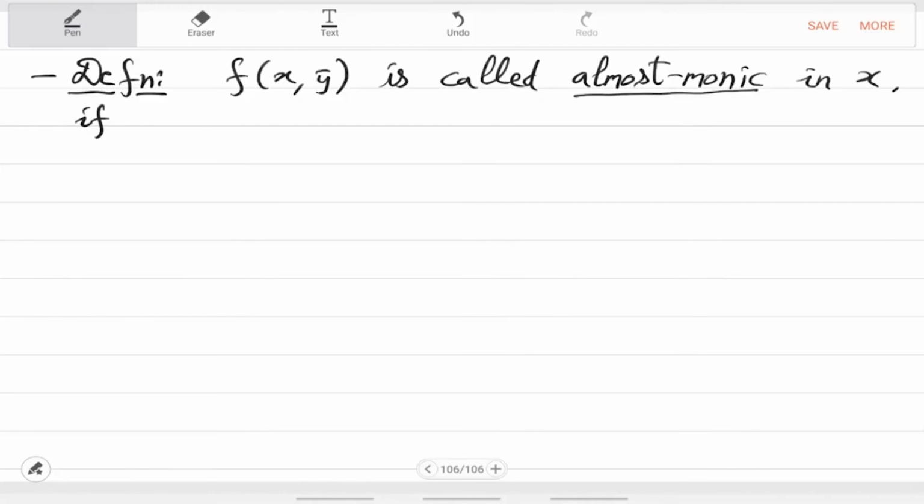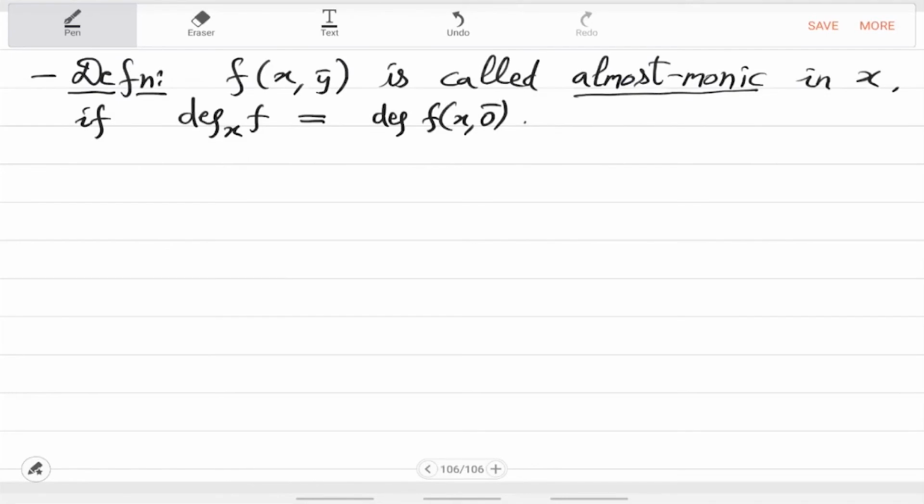We call f almost monic if the individual degree of f in x remains unchanged around the point 0. So f has, let's say, x to the i as the leading monomial.